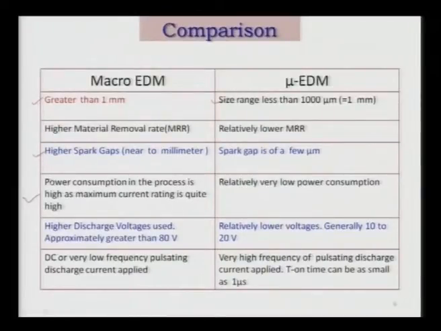Higher discharge voltage is used, approximately greater than 80 volts in case of macro EDM, while it is just 20 volts or less than 20 volts in case of micro EDM.